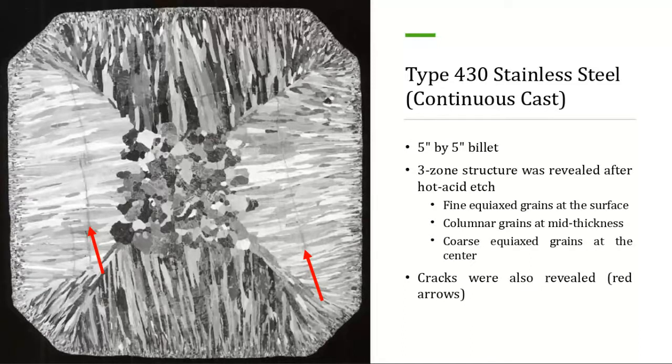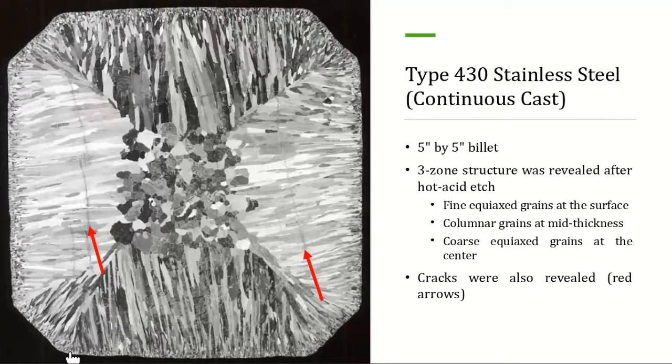And what the macro etch has provided us is the ability to look at the grain structure throughout the entirety of this sample. So you're going to see that it's got 3 zones in this structure. The first zone is right on this surface, and this is a fine equiaxed grain structure.